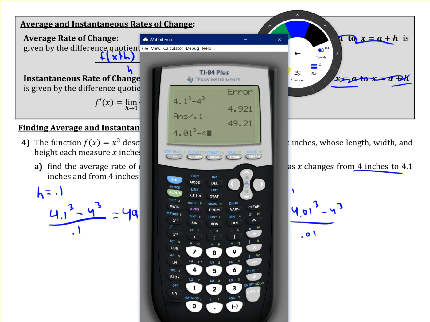Make sure you do them in separate steps or use parentheses, right? Don't just do it all in one line without parentheses. All right, so I get 48.1201.